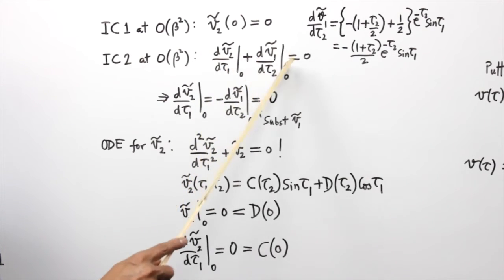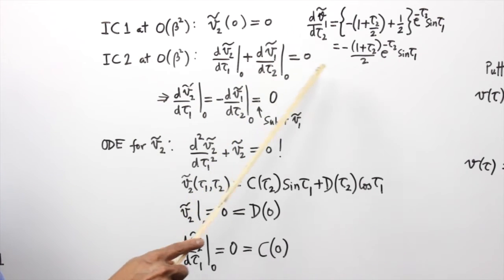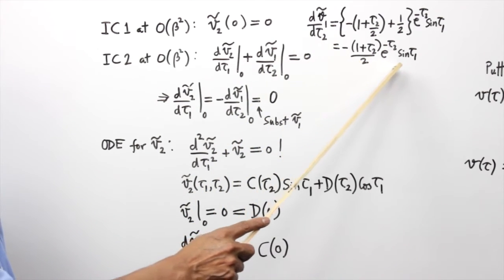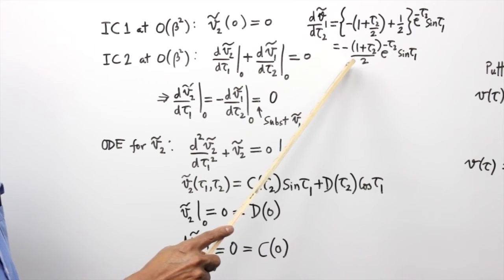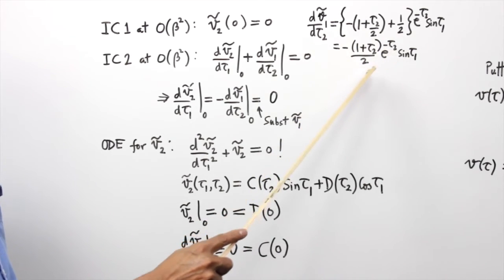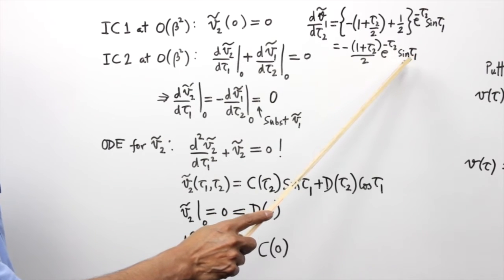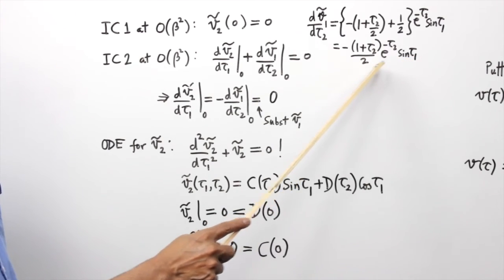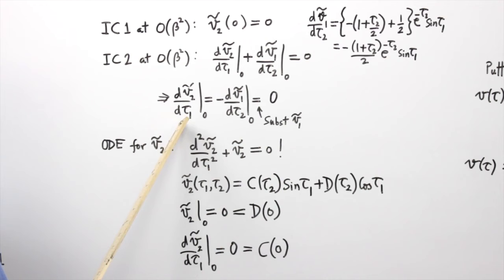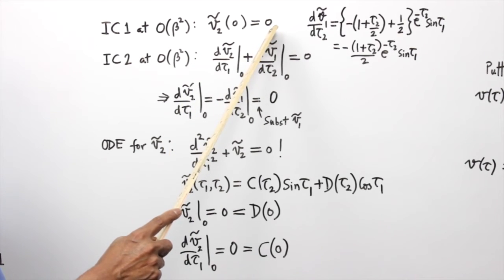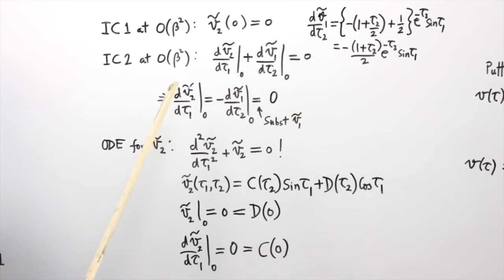Although the factor in front is non-zero, it is multiplied by sine of tau 1, so when we put tau equal to 0, this whole thing vanishes. The boundary condition for the derivative at this stage is therefore equal to 0. Of course, the function itself is also 0 for the second order expansion.